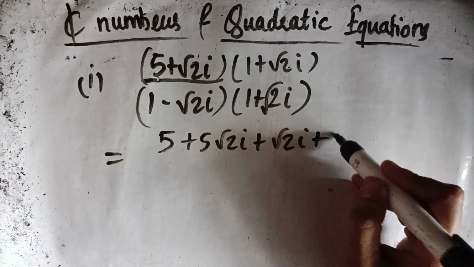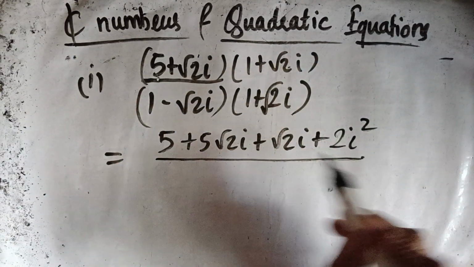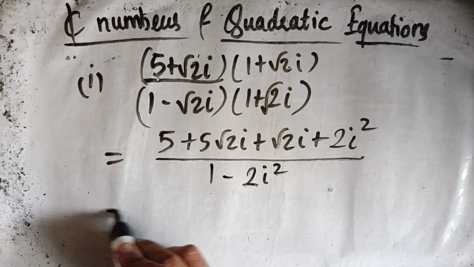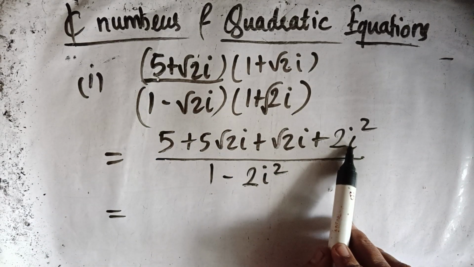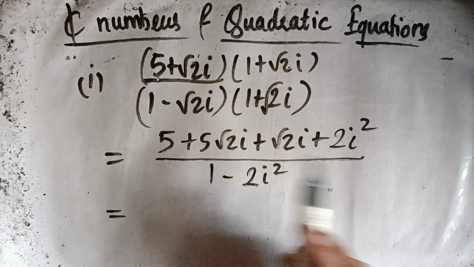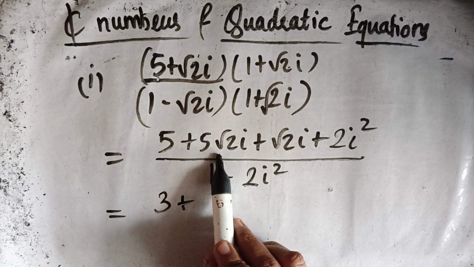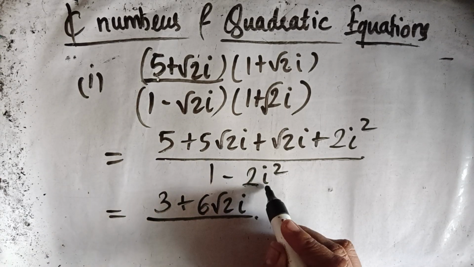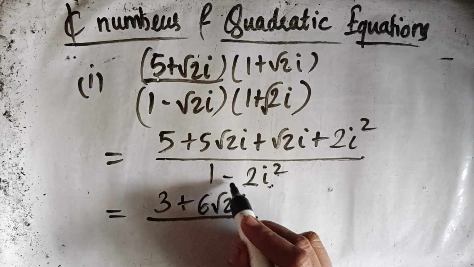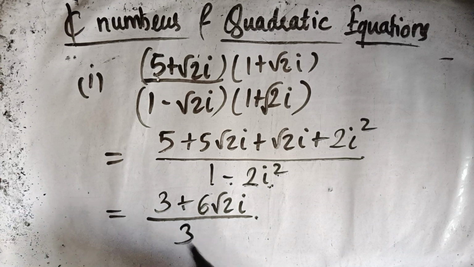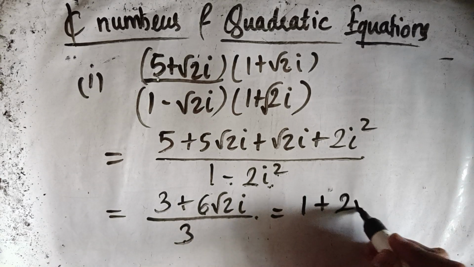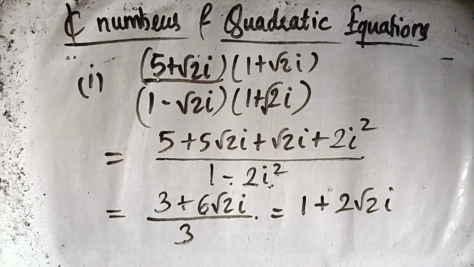Okay, root 2 into root 2, 2i square. Denominator will be 1 square minus root 2 square i square. So 5, i square is minus 1, so minus 2. 5 minus 2 is 3. Adding these, you will get 6 root 2i. 1 minus 2 i square is again minus 1, minus minus plus 1 plus 2, 3. So we will get 3 upon 3 is 1 and 6 upon 3 is 2. Okay, this is of the form a plus ib.